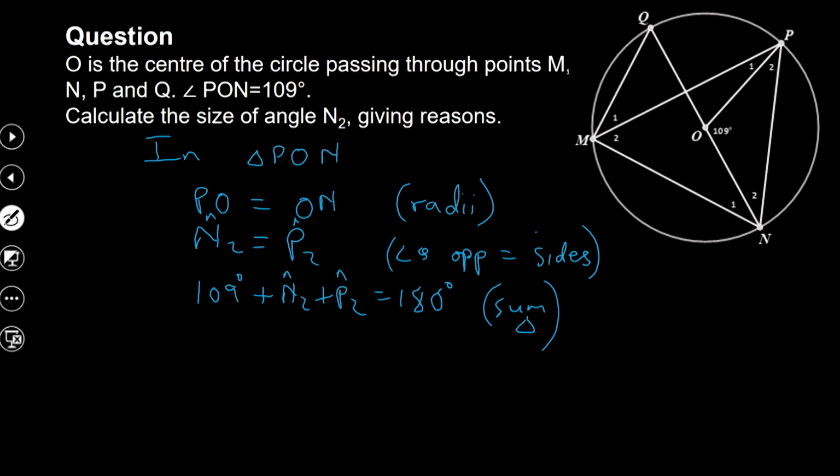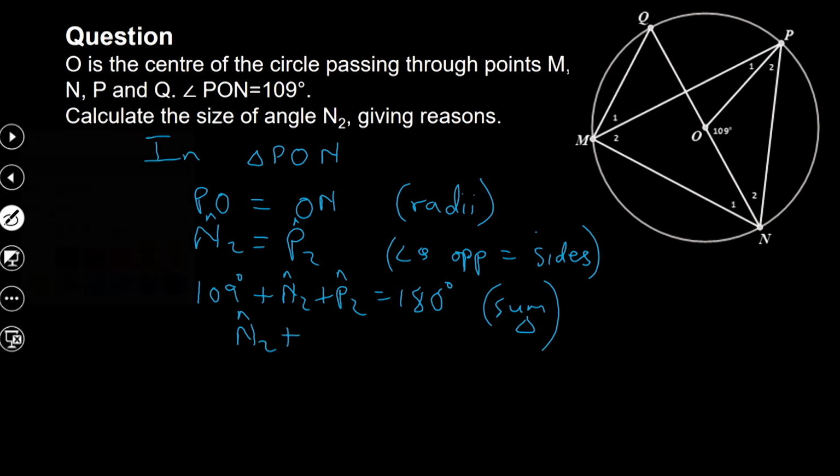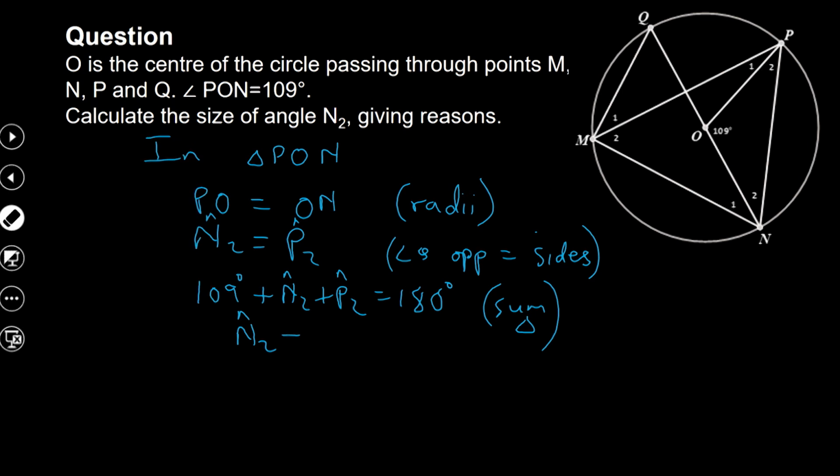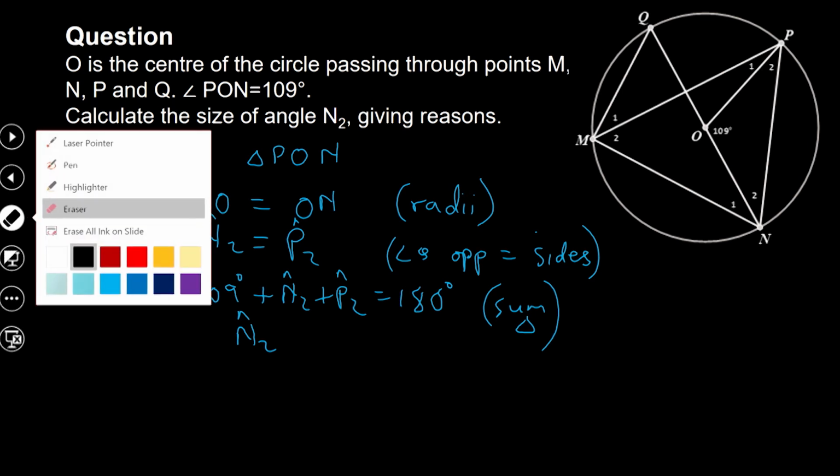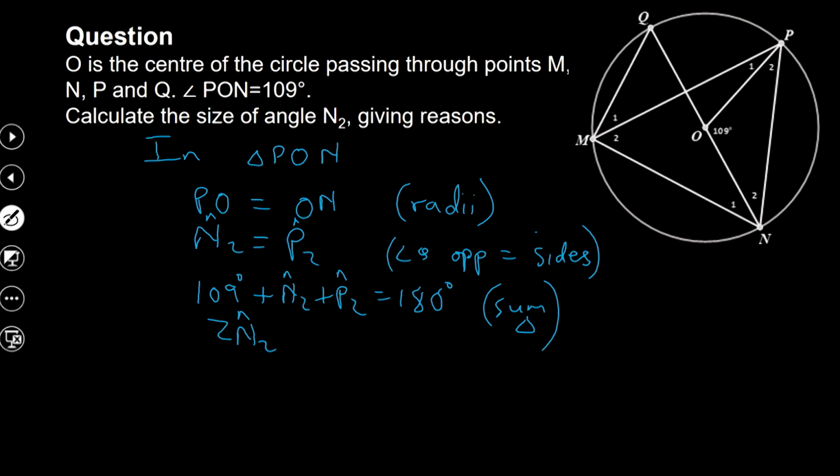Therefore, I'm just going to make it 1 N2, because that's what we are trying to find, because it is equal to P2. I will say 2N2 is equal to 180 minus 109, which will then be 71.